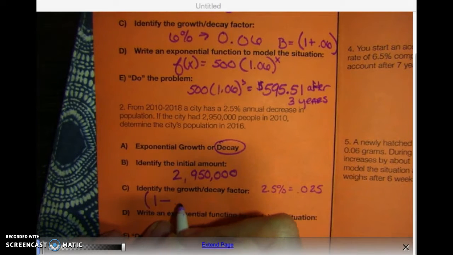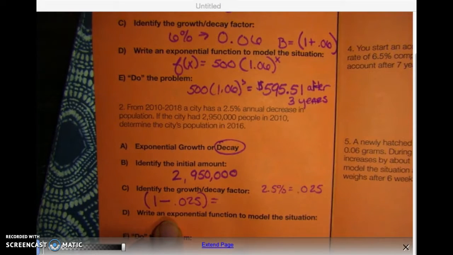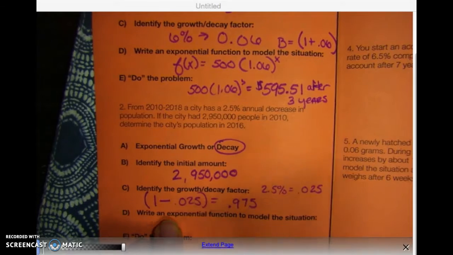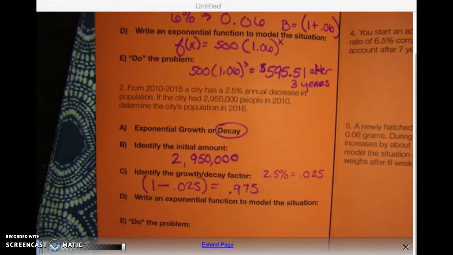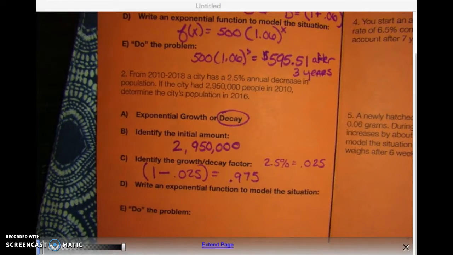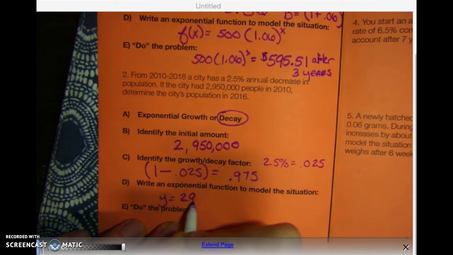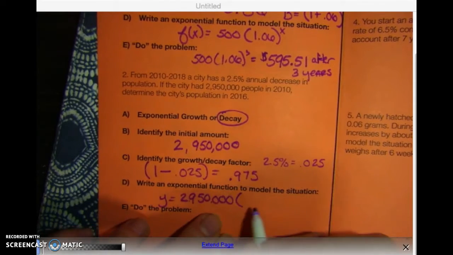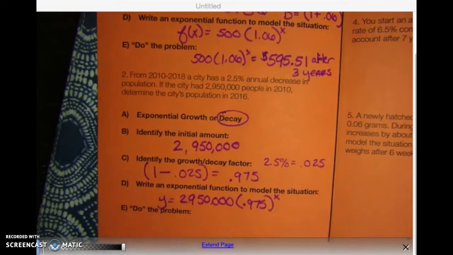So we have to take 100% minus that, and we are going to get 0.975. Everybody good with that? And then I'm going to write my model. So I'm going to do y equals 2,950,000 times 0.975 to the x power.